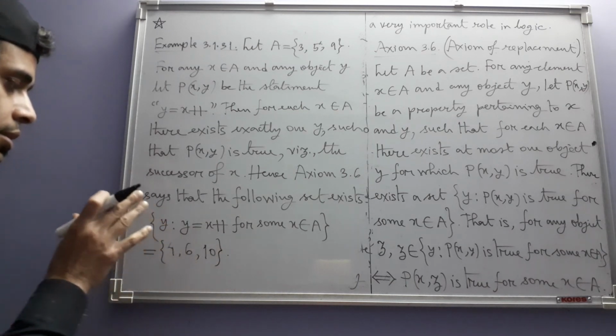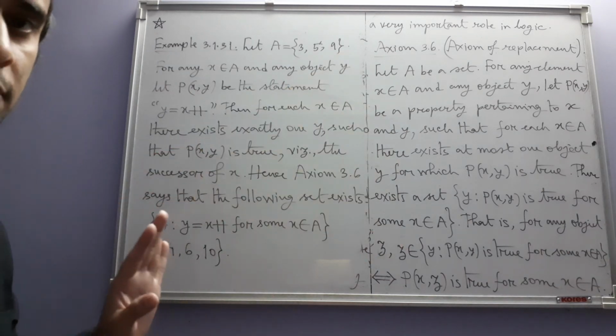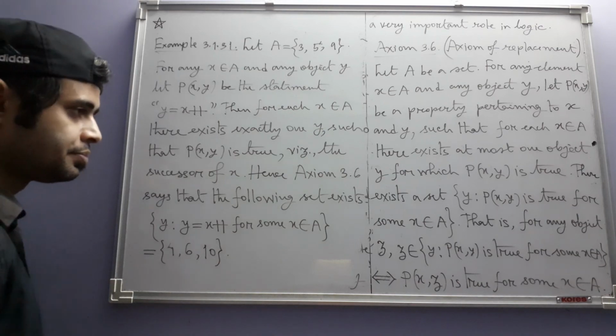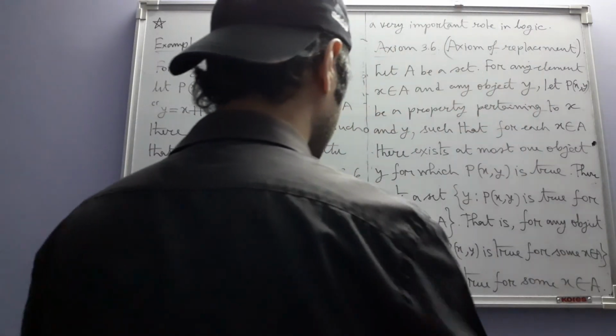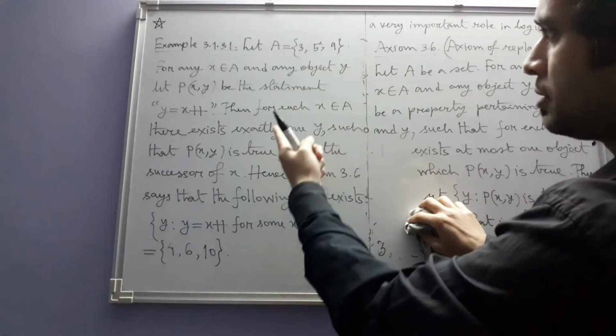So this is a set that this axiom guarantees. Okay. Now we can keep this A same and change the P.